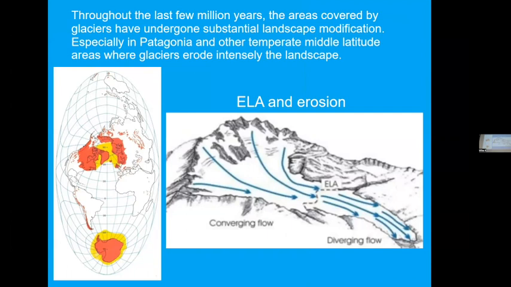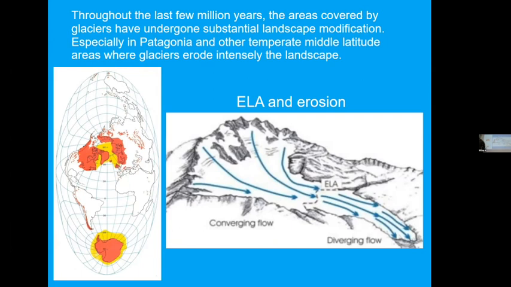Now, I started introducing this concept of where glaciers tend to do much of their erosion. This is just repeating or summarizing what I just mentioned. Throughout the last few million years, the current ice age, if you will, glaciers have caused substantial modification of the landscape in some areas, especially in Patagonia, those figures I just showed you, deep valleys, and the temperate mid-latitudes.